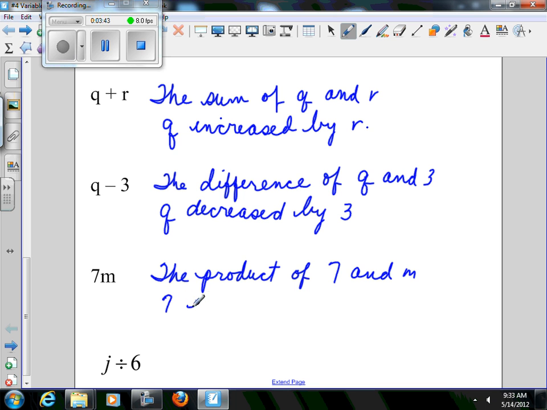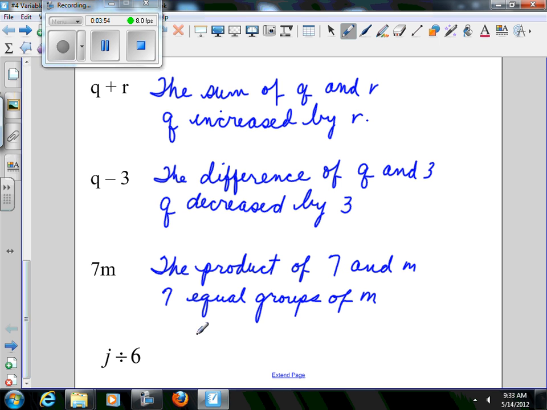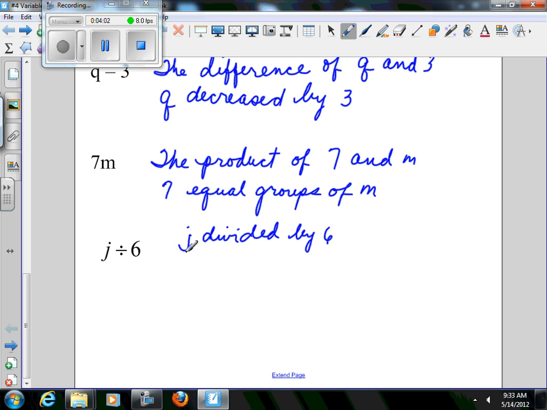We could say 7 equal groups of m. For j divided by 6, you could actually just write it like that, j divided by 6. Or you could also use that word quotient. We could say the quotient of j and 6.